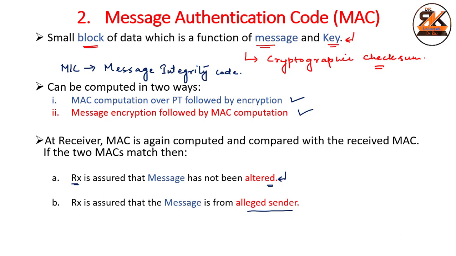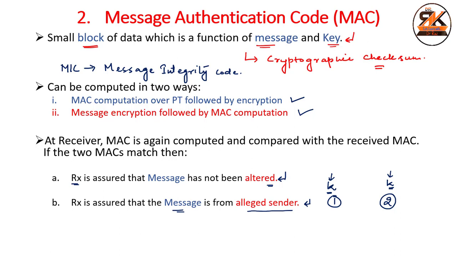When there are two communicating parties, communicating party 1 and communicating party 2, and they want to communicate, there will be a key K here and the same key here. So the receiver is assured that the message is from the expected sender in the network, because no one else would know about this key, and this key is held only by the legitimate senders which want to communicate.